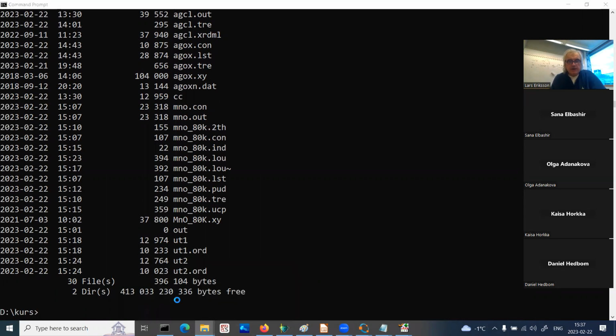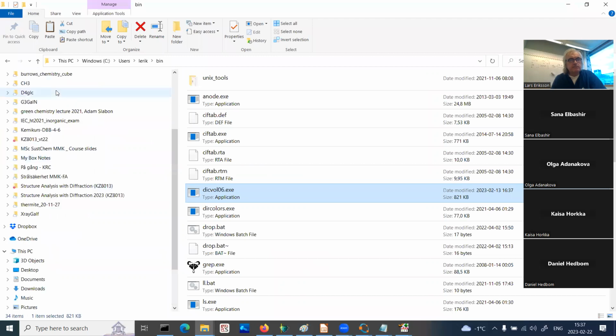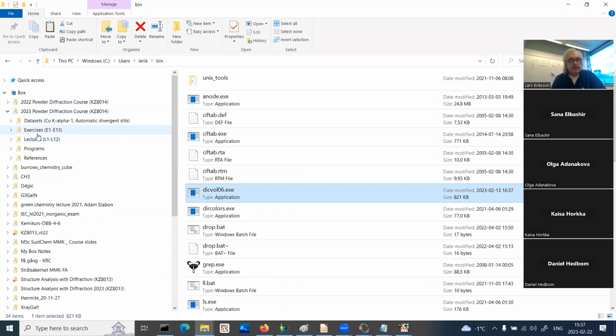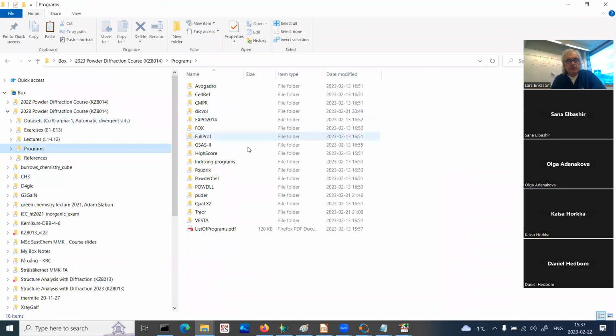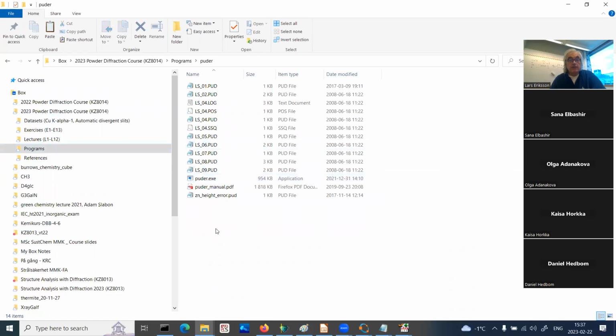Otherwise, what do I have to say? Among the programs in the box, if you look, there is a directory Puder, where there is essentially a refinement program just for unit cell and for exporting data to different other types of programs.